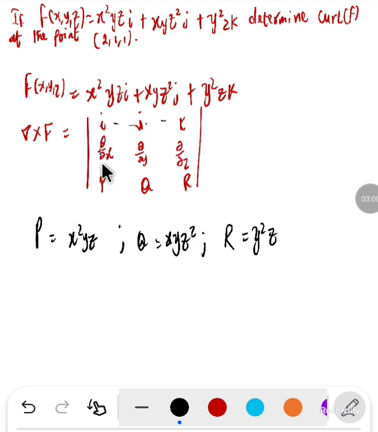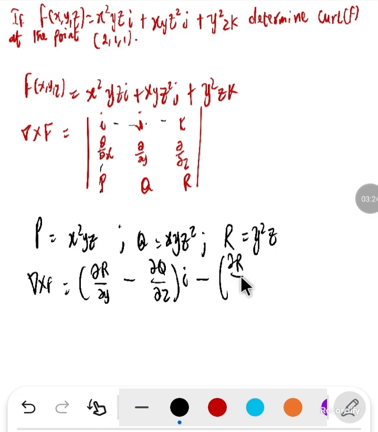So the curl of F is equal to, if you take i, this will be dR/dy minus dQ/dz, times i, followed by minus, we have dR/dx minus dP/dz, times j, and the last one we have dQ/dx minus dP/dy, multiplied by k.